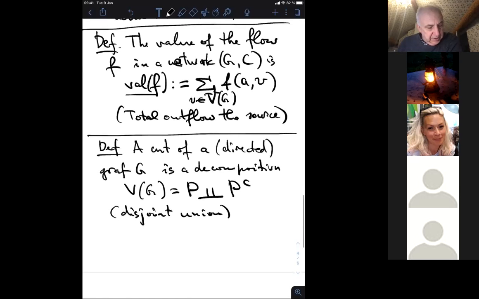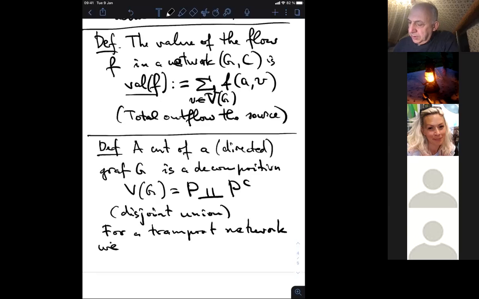Now, if we have a transport network, we want A to be contained in P, and Z, the sink, to be contained in its complement.